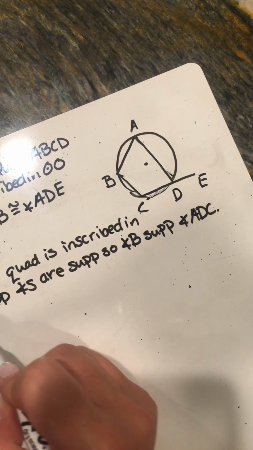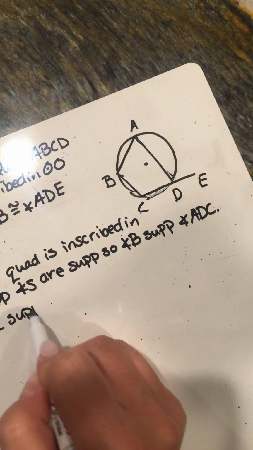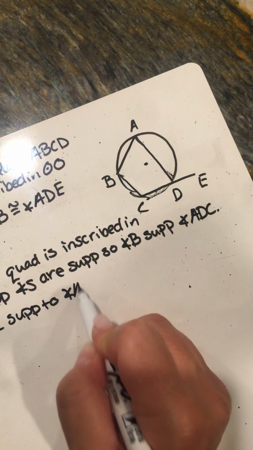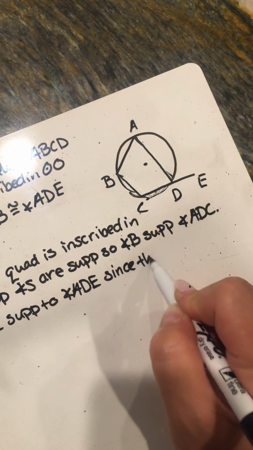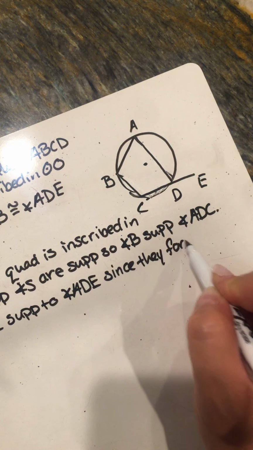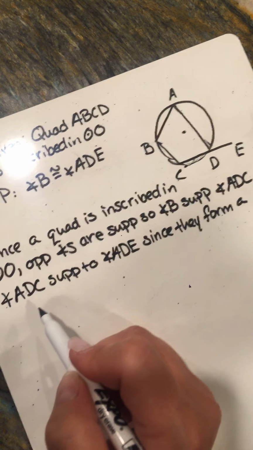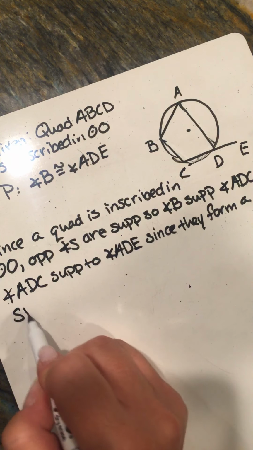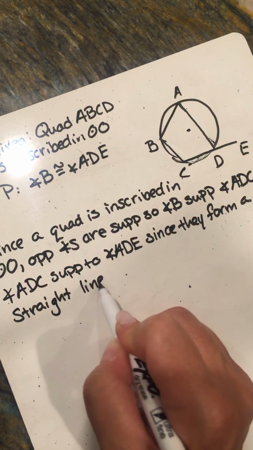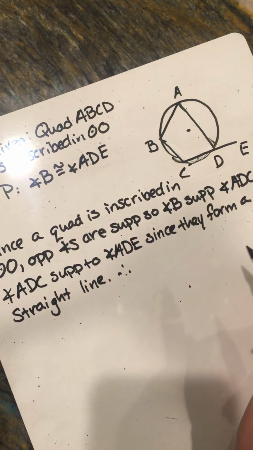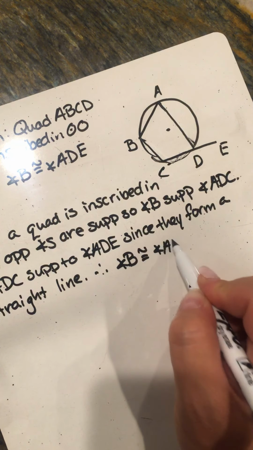Yes. Angle ADC is supplementary to angle ADE since they form a straight line. We haven't talked about that in a long time. Since they form a straight line, therefore, angle B is congruent to angle ADE.